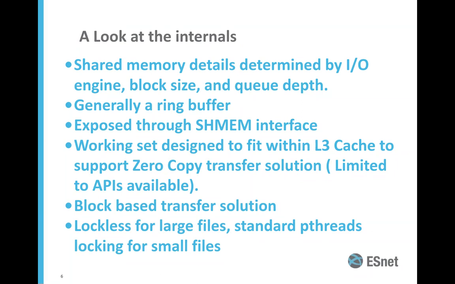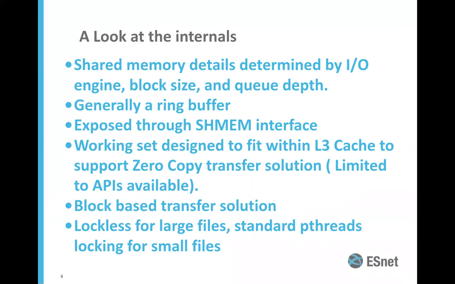So if you define an IO engine like POSIX, you might give it a queue depth of 4, which means there would be 4 blocks per thread, and then a block size. So if we took a queue depth of 4, a block size of 1 megabyte, and there were 4 threads, we would be looking at an overall shared memory size of 16 megabytes, plus a little bit of overhead for everything else that I mentioned previously.